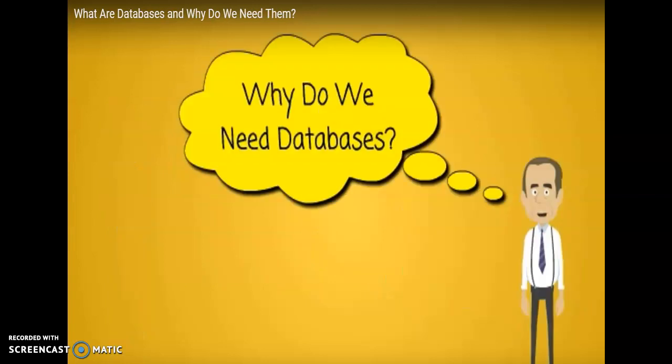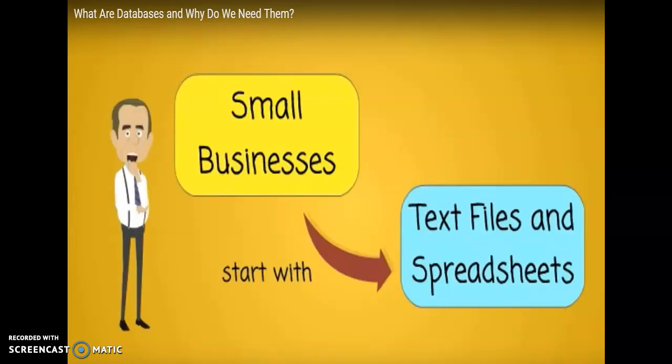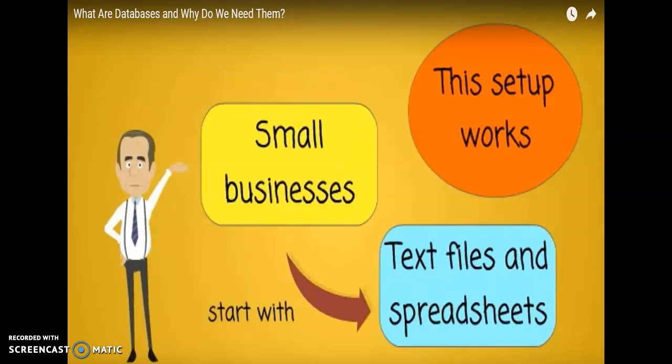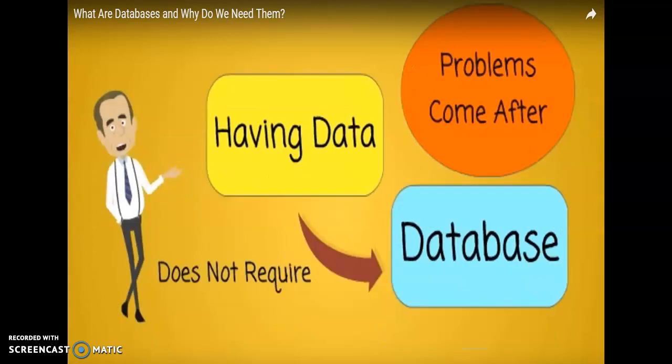So why do we need databases? Suppose you're running a small business, you can start storing the data in text files and spreadsheets. This setup works for a small business. If you have data, you need to store that data in files. What are the problems after storage in file systems?